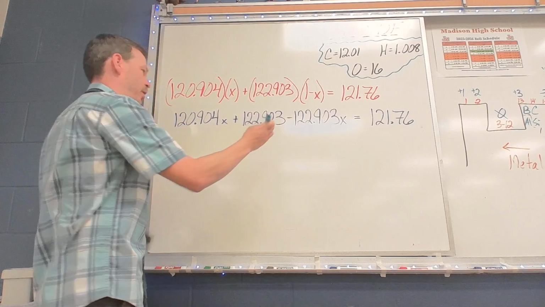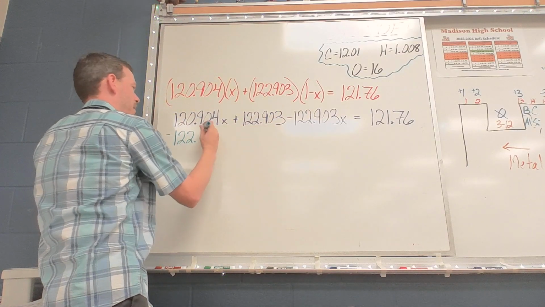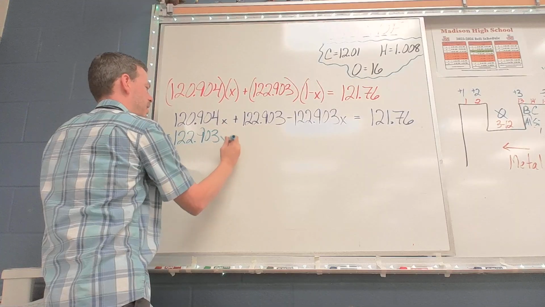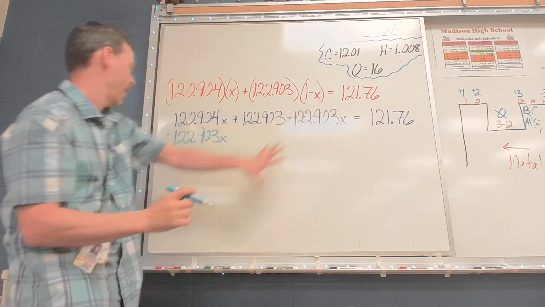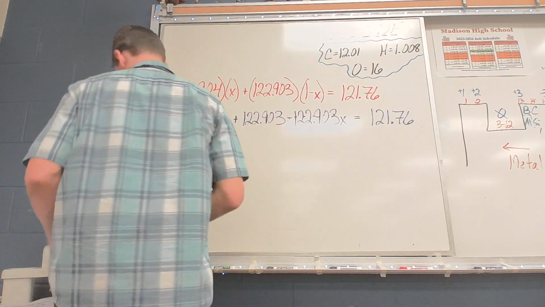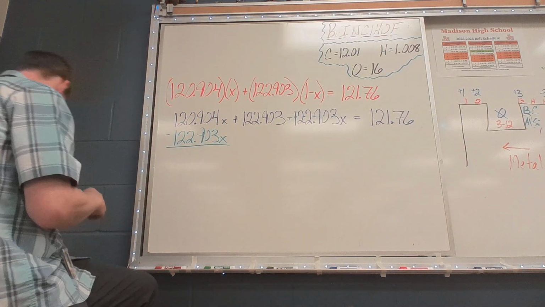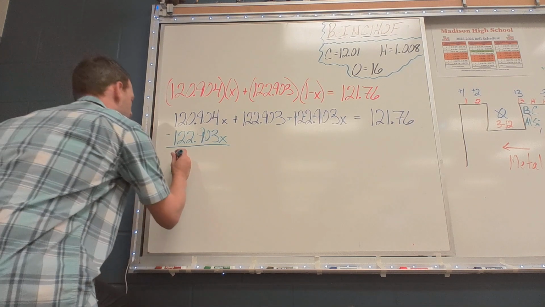I'm going to show it over here, though. So I'm just going to bring this over. This minus this, which essentially gets rid of that, and you'll get a difference there of negative 1.999.